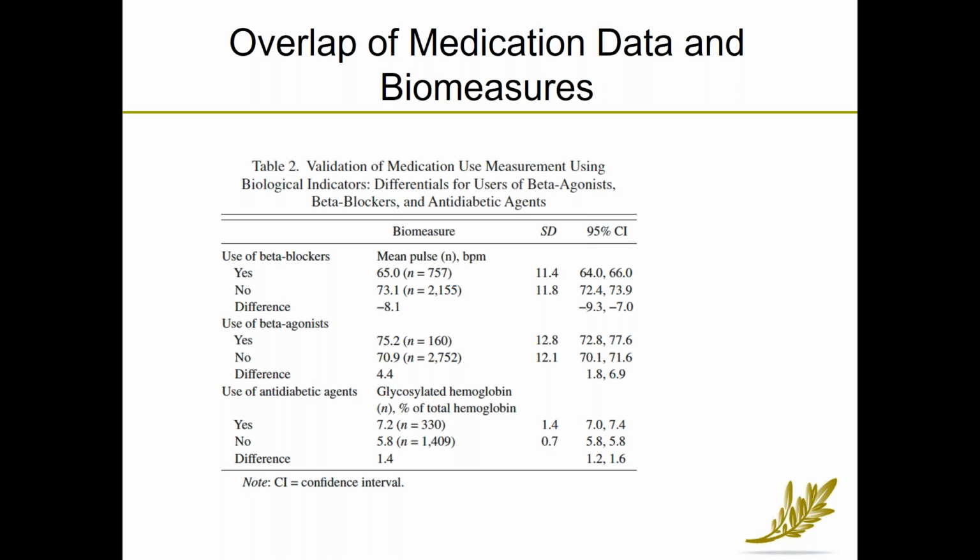And with regards to glucose-lowering drugs, those who report taking diabetes medications tend to have a hemoglobin A1C in the diabetes range, while those who do not take diabetes medications tend to have lower blood sugars in the normal range. So these are just a little bit of validation of the medications and their intended effect on different biomeasures.